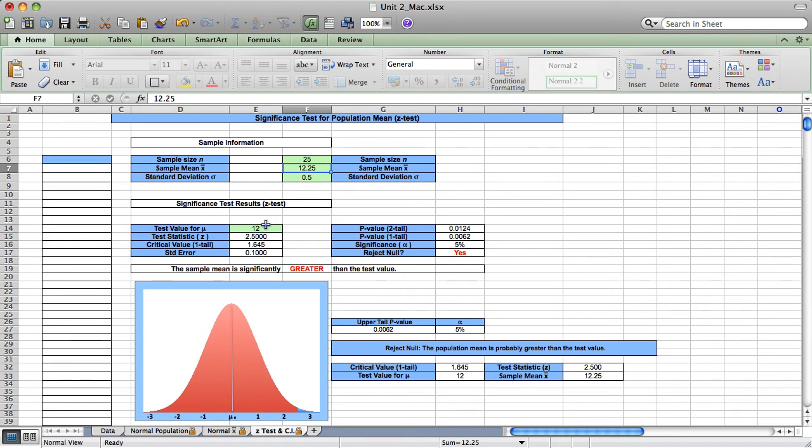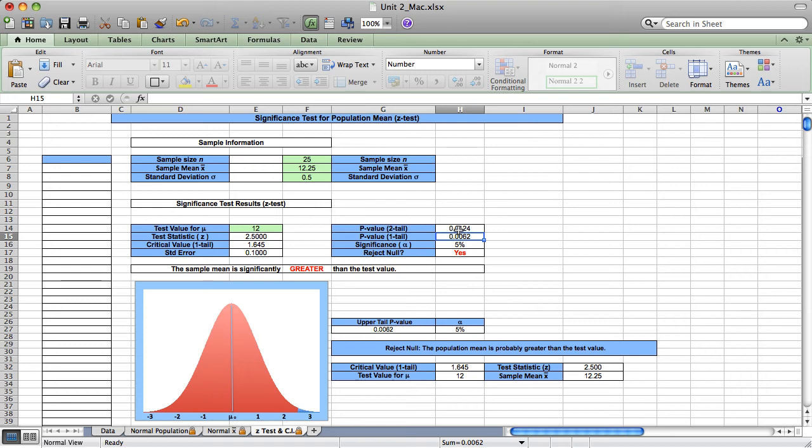In this case, if we assume a population mean of 12 ounces, our sample mean of 12.25 ends up 2.5 standard errors above 12. The probability of being at least that far above the mean would be 0.0062.